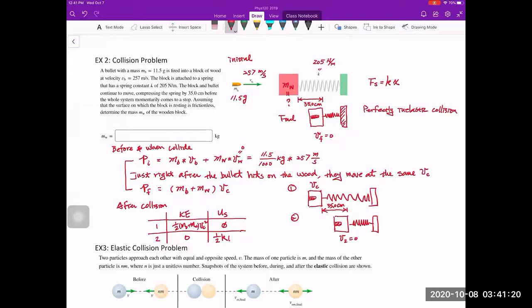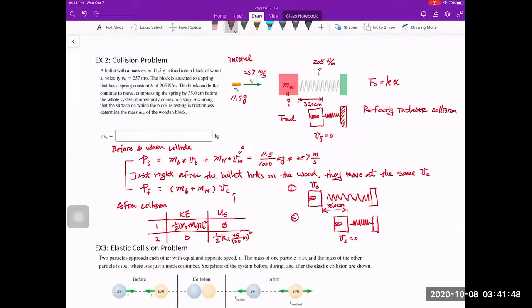X is 35 divided by 100, and this will be in meters squared. Then you make these two equal, and you'll be able to find the solution. Because you know m_b, and you know k, which is given, 205. What about V sub C? Well, you find V sub C from the previous step.